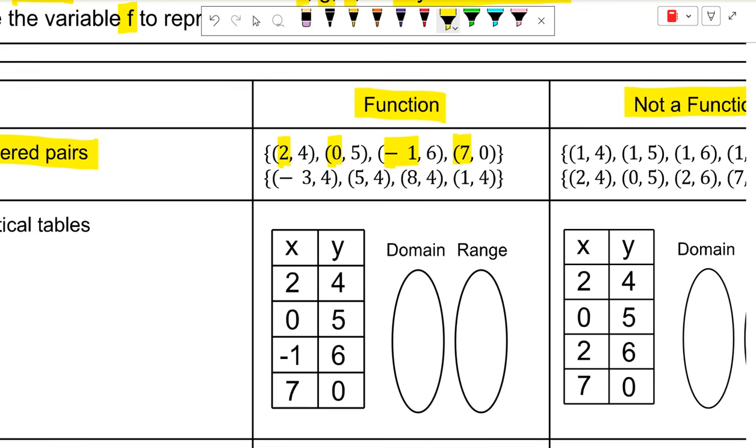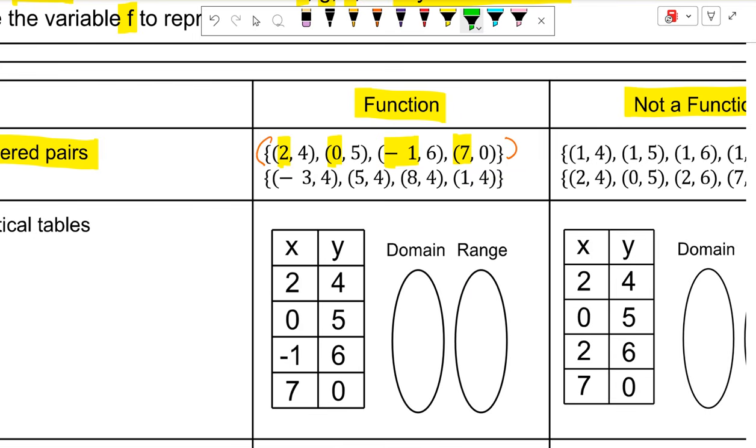Remember, those are all referred to as independents or x values or inputs or domains. And when we look at those x values, we don't see any repeating ones. And so therefore, we know that that relationship between this set and this set is a function.